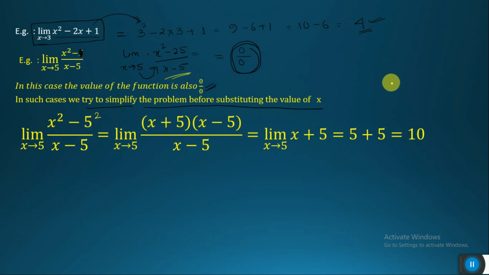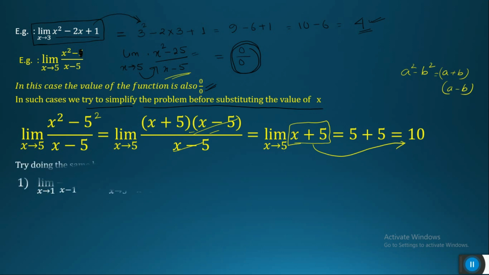This is the a square minus b square formula, which is (a plus b)(a minus b), right? So you write it here, and then this and this get cancelled, and you get limit x tending to 5 of x plus 5, and when you put in your value, you will get 10. So this is what happened in the previous problem.